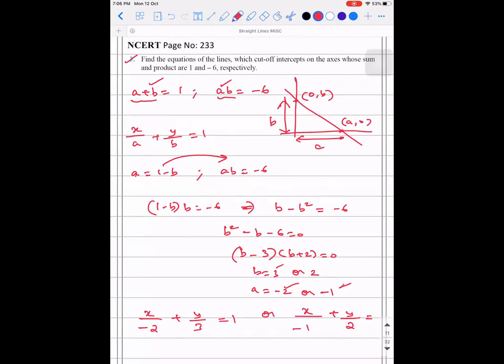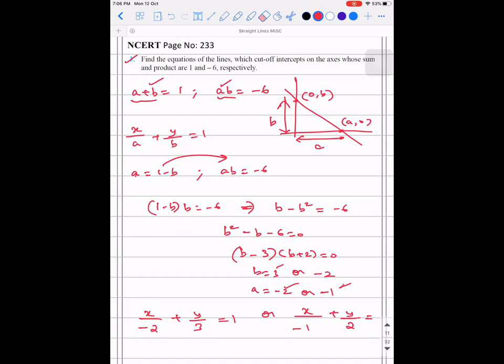When B is 3, they told A into B is minus 6. Did I make any mistake? Check. So B minus B square minus 6, so B square... B is equal to minus 2.